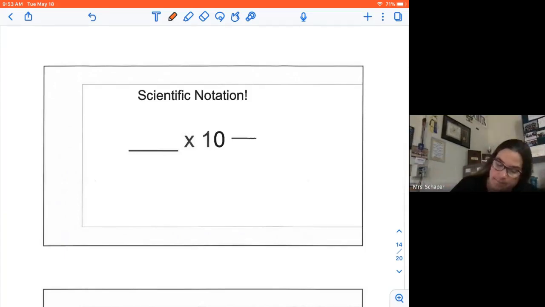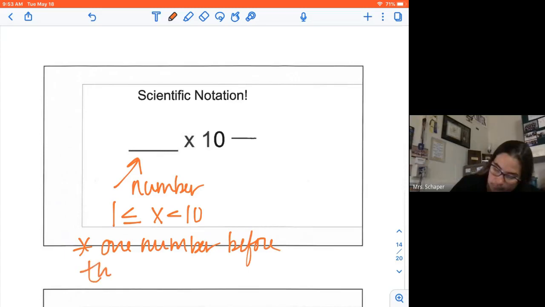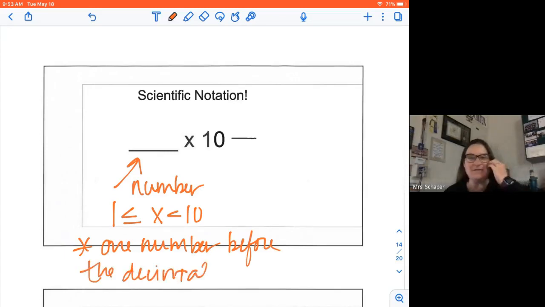And when you set this up, right here is a number that is going to be greater than or equal to 1 and less than 10. So in other words, one number before the decimal. Like how I brought in compound inequalities for this, right?